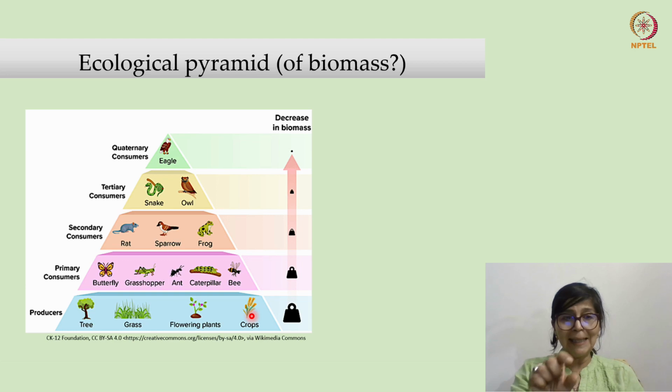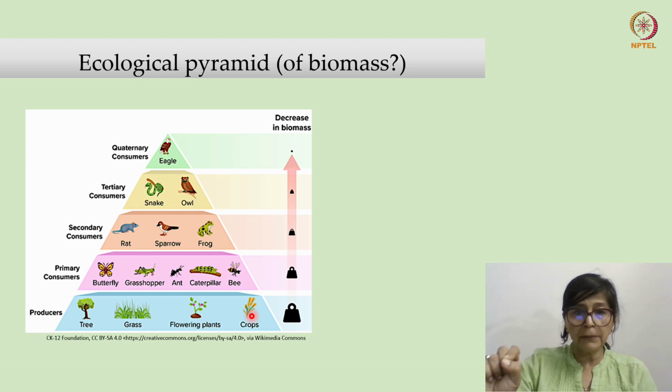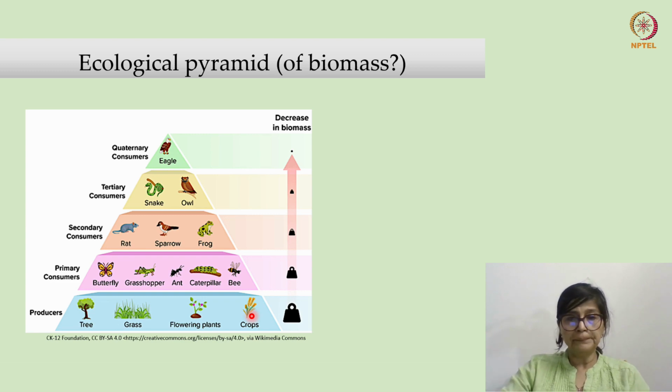But if you see these two basal strata, the producers, you have trees, and butterflies don't eat trees, grasshoppers don't eat trees, right? Grasshoppers definitely eat grass, but butterflies don't eat grass. Butterflies don't eat flowering plants. They don't even eat crops. Similarly, ants feed on some parts of it, but they don't eat it fully. So why have we put it here?